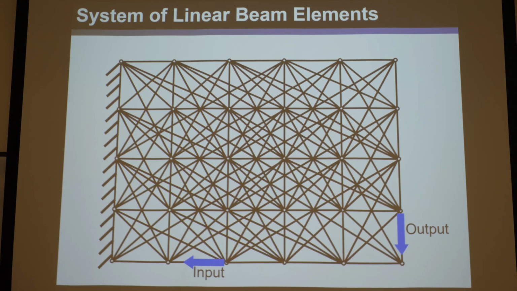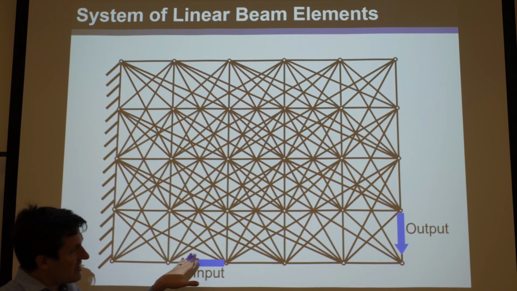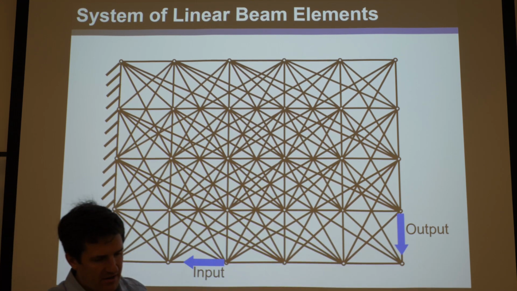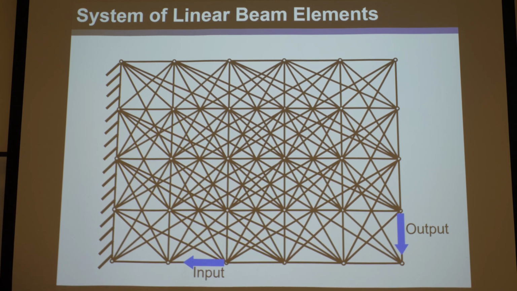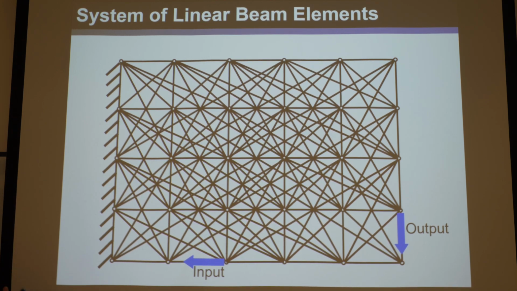What happens is the computer will remove a beam, and if by doing that it helps the thing you want, given these conditions, then you leave it out. If it hurts, then you put it back in, and you just keep doing this. It's kind of an evolutionary approach. They call it a genetic algorithm.